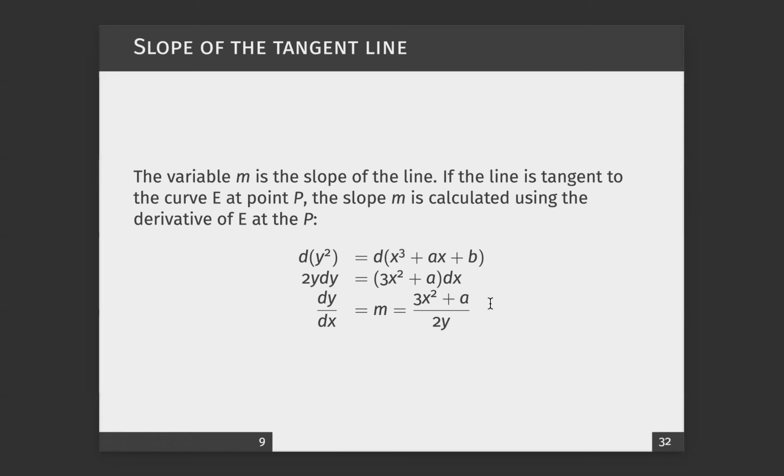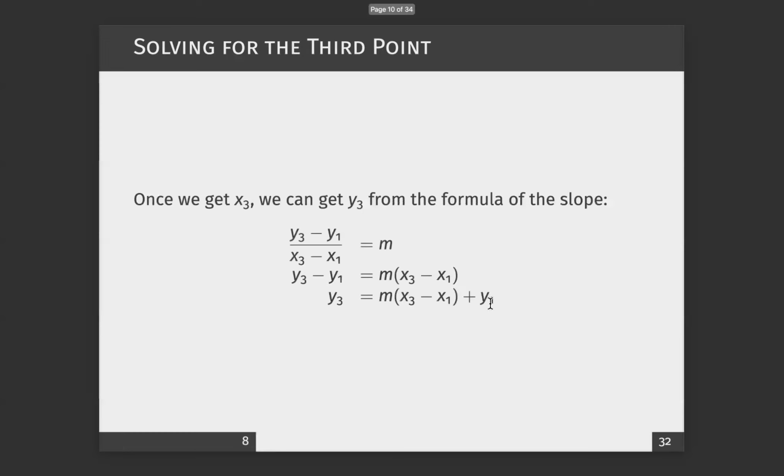Now, if it turns out that the line is tangent to the curve at point P, you can compute the slope. Let me go back one page. So this is how we compute the slope, right? If it's not tangent, no?